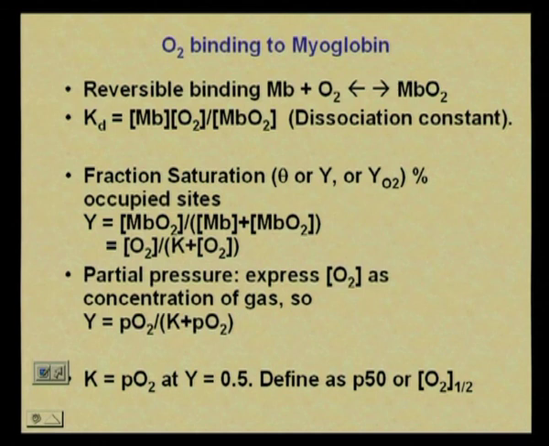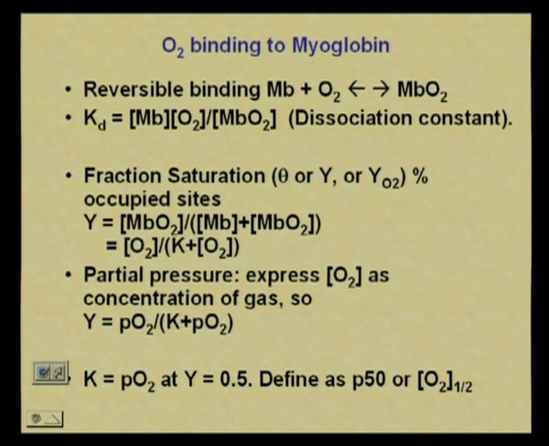So, what do we have? We can get the partial pressure PO2 in terms of Y when you know what the K is and you know what the PO2 is. At 50% saturation, what do you have? This is just like the hyperbolic fashion curve that I showed you for protein ligand binding in the beginning, where you have Y is equal to x divided by x plus z.